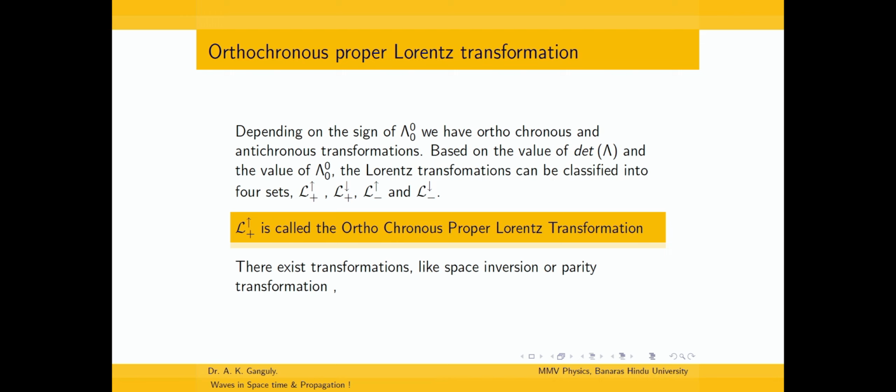And so, we get L arrow up plus and L arrow down plus. And if we take the determinant minus 1, then we get L arrow up minus and L arrow down minus. As I said already before, L arrow up with the plus sign is what is called the orthochronous proper Lorentz transformation.